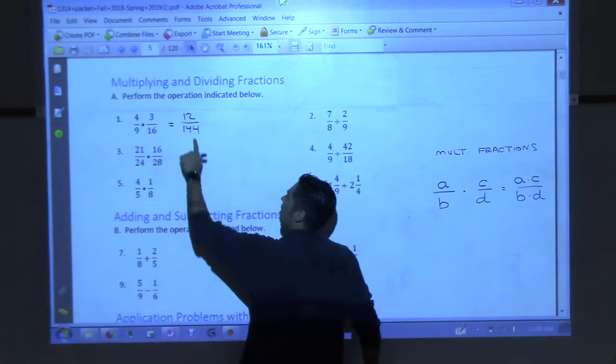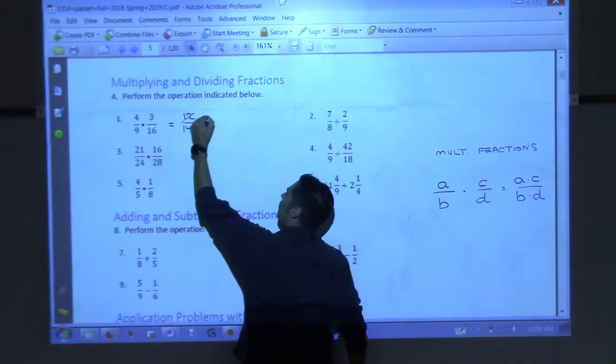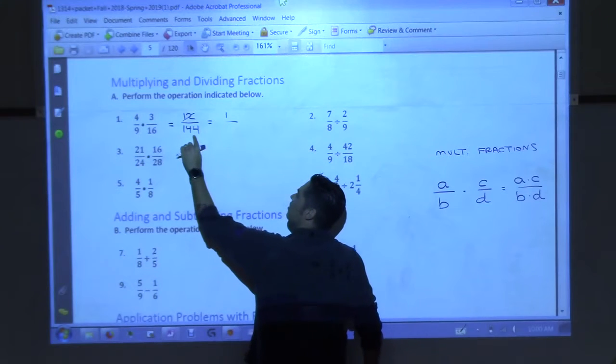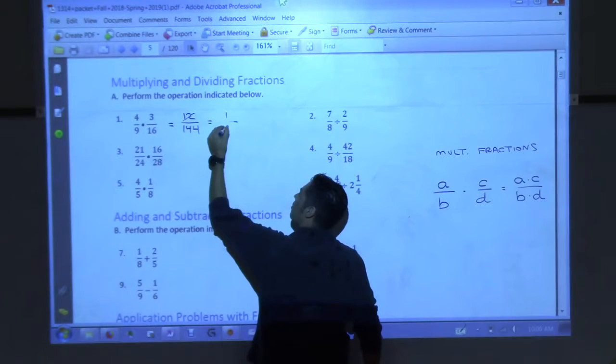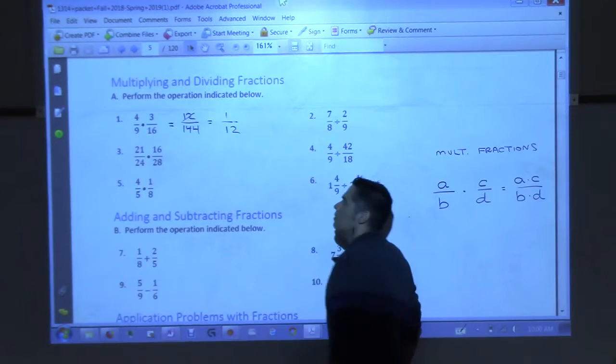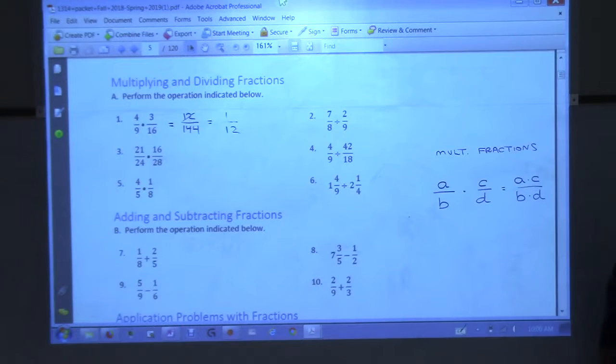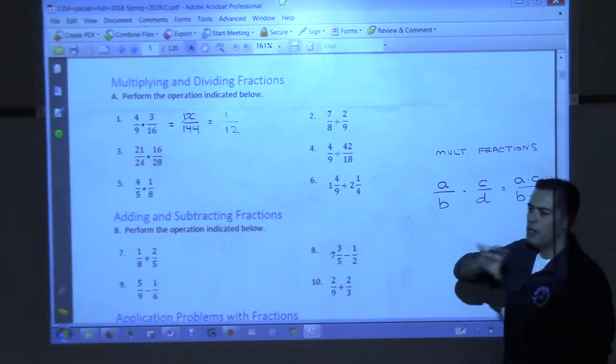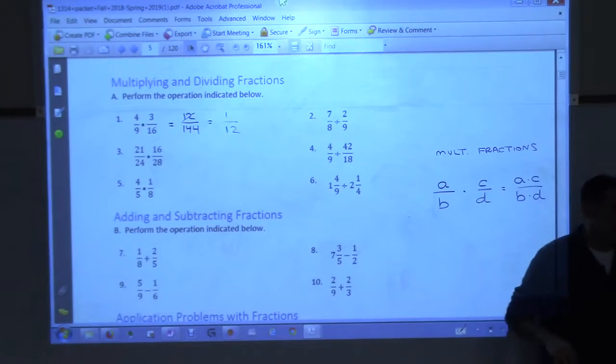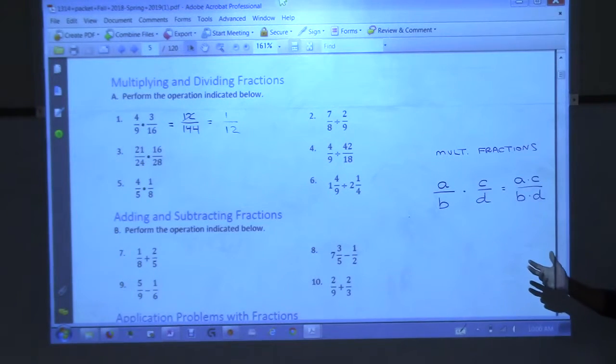So 12 goes into 12 one time, and 12 goes into 144 twelve times, so you get 1/12. Now that's fully reduced. That's what I would expect, for you to perform the operation and reduce the fraction. Does anybody have a different way we could have done that and still got 1/12 without having to reduce the fraction?